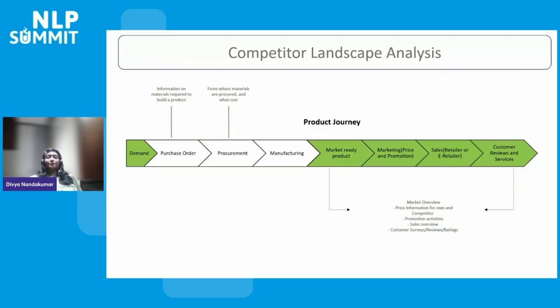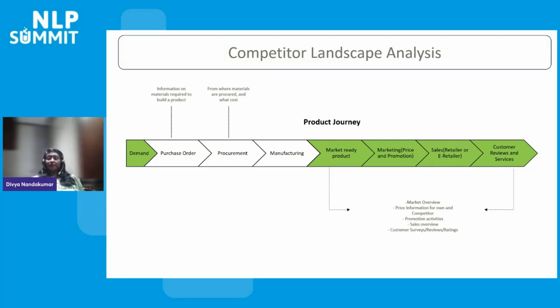When you take a look at the product journey, based on the demand, we would raise purchase orders, where the purchase orders are for the materials required to build the product. And procurement is about from which suppliers the materials are being procured and at what cost.